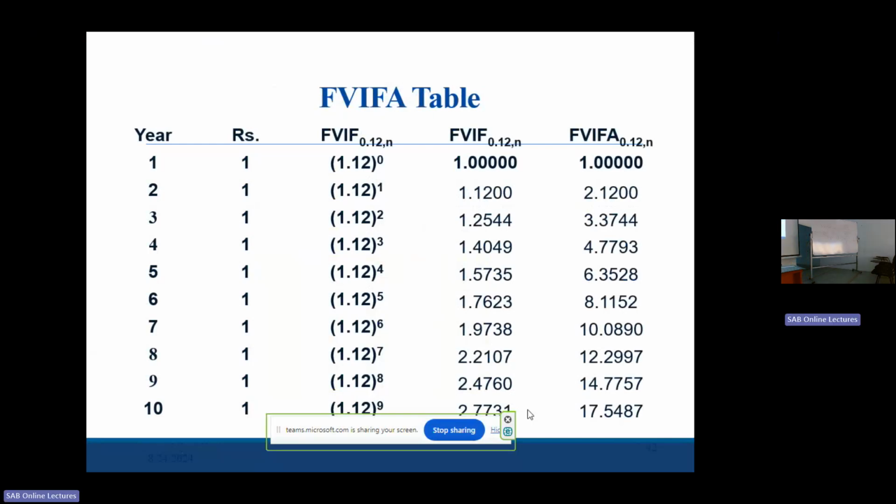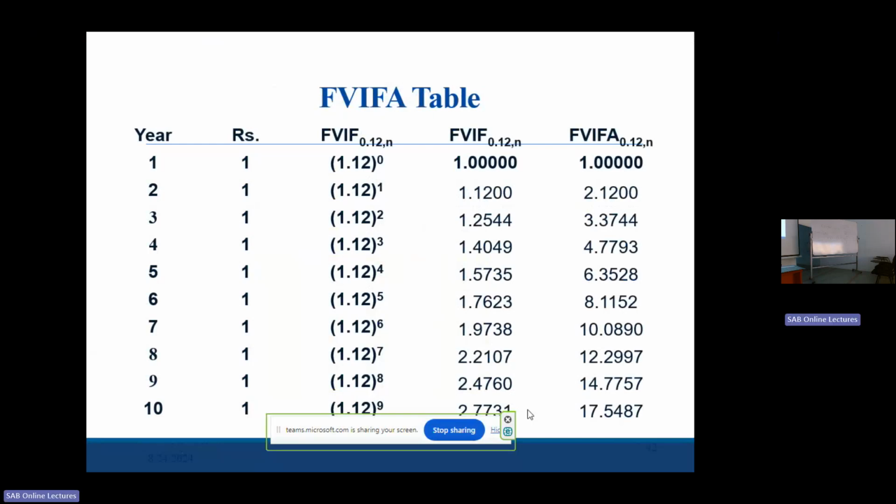Now if I ask a question like this, if you deposit 1 rupee today in a savings account which pays 12% interest per annum, how much will you have in your account in 9 years? Yes?